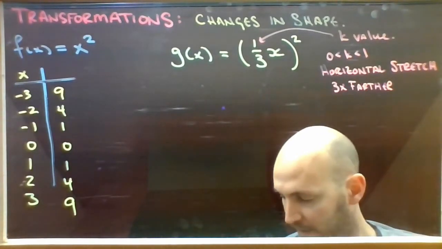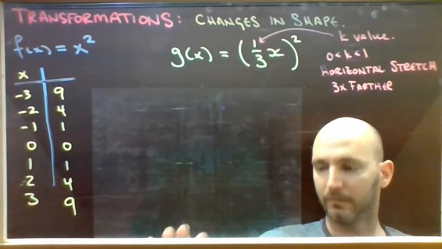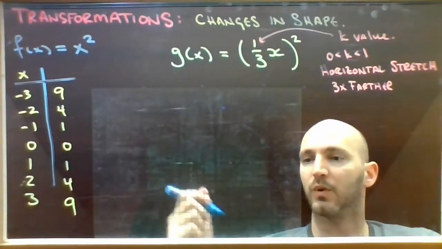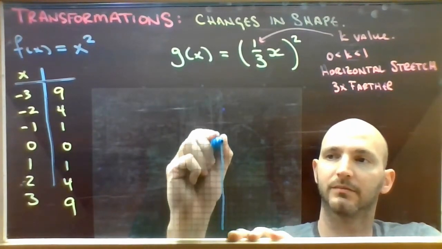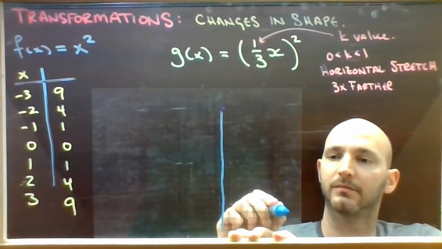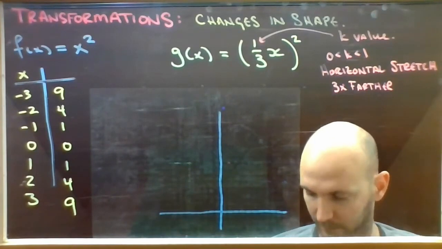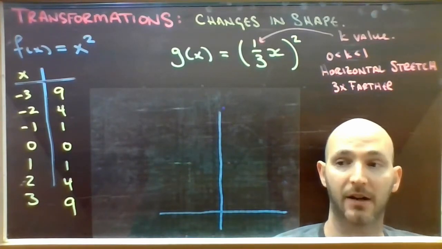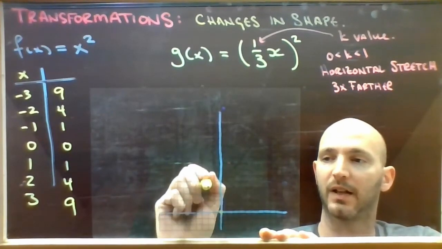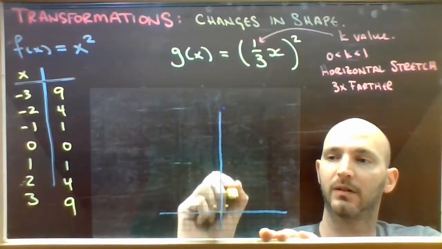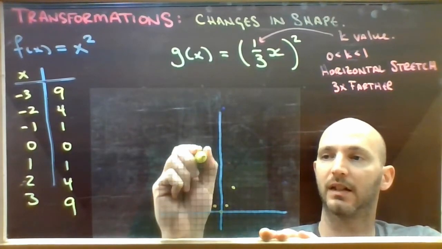So I'm going to grab my grid then. Put on my untranslated axis. Now my basic pattern for a parabola is 0, 1 and 1, 2 and 4, 3 and 9.